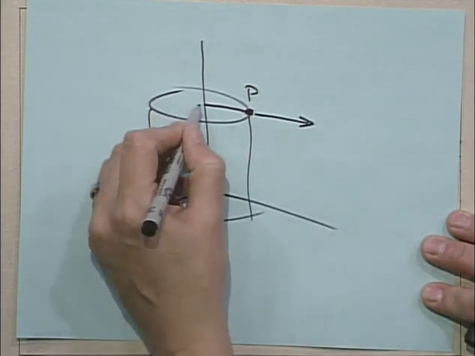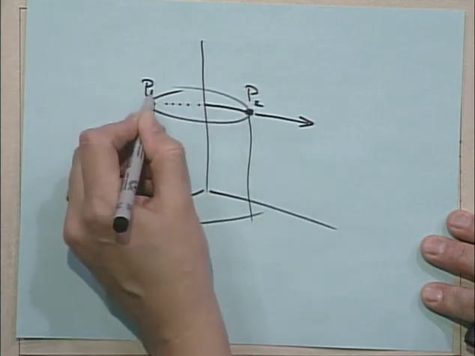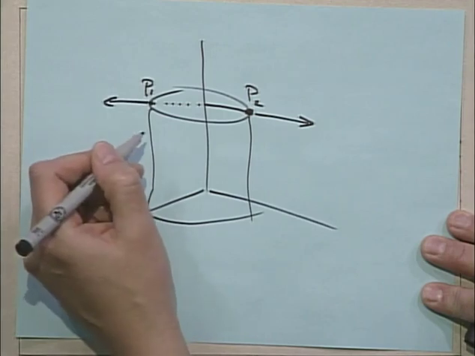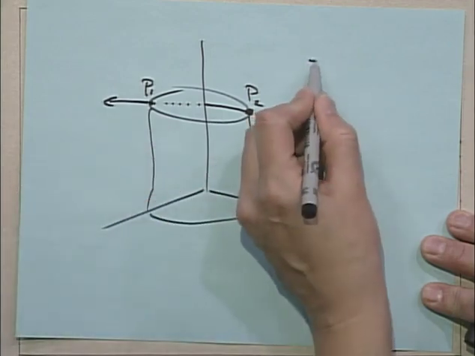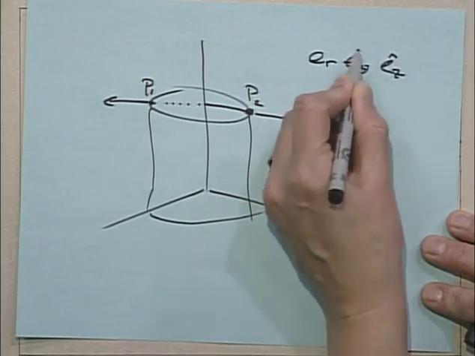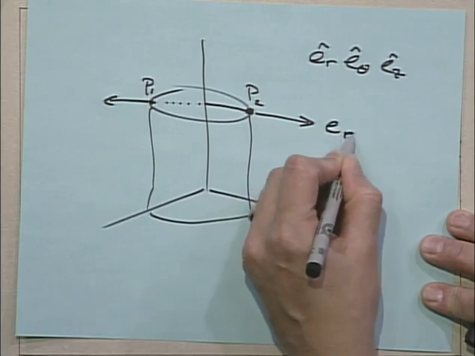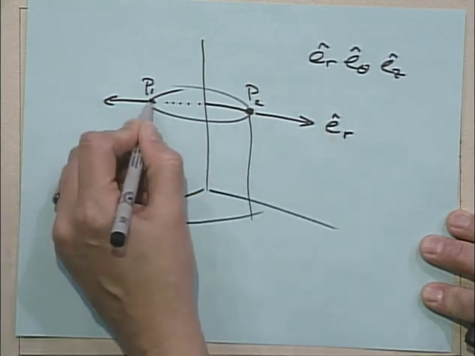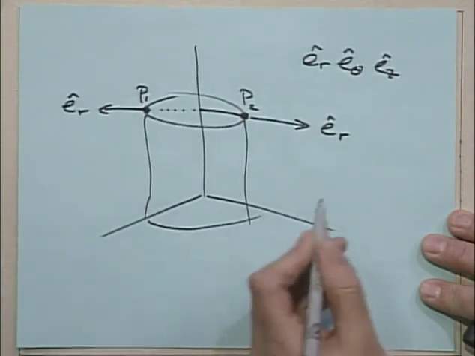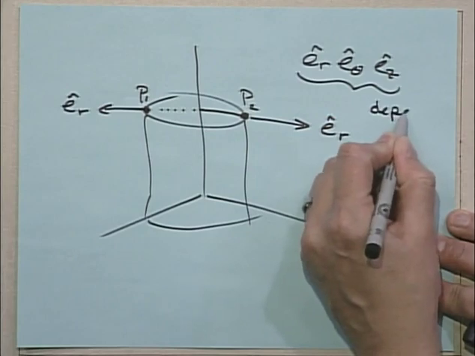But if I'm over here at this point, P2, or P1, I guess, the r direction is that way. So in this coordinate system, with E_r, E_theta, E_z, this is the direction of E_r at this point, and at this other point, this is the direction of E_r. So these depend on location.